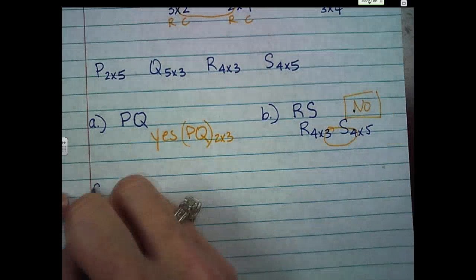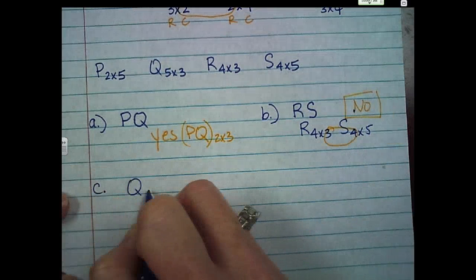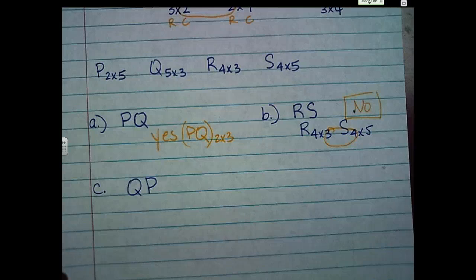Okay, here's another one. QP. Take your time. QP. It has to be in that order. A QP, which is the letter C, is not the same as a PQ.